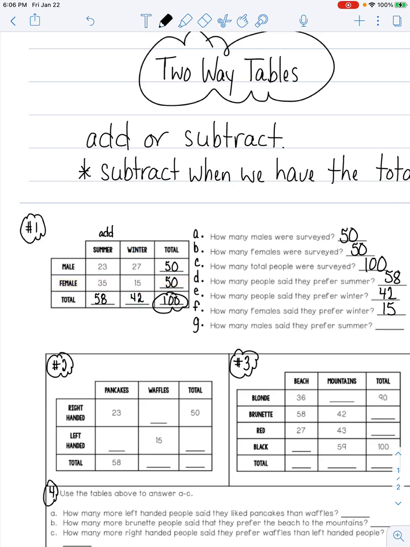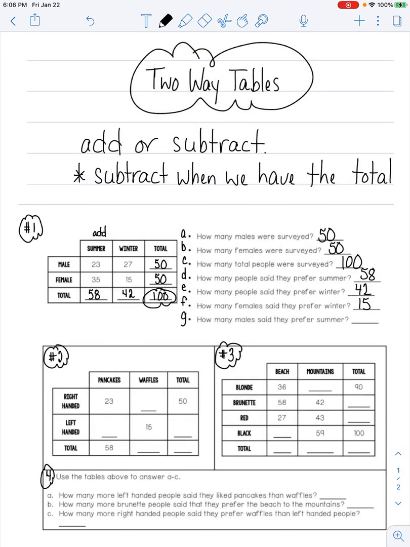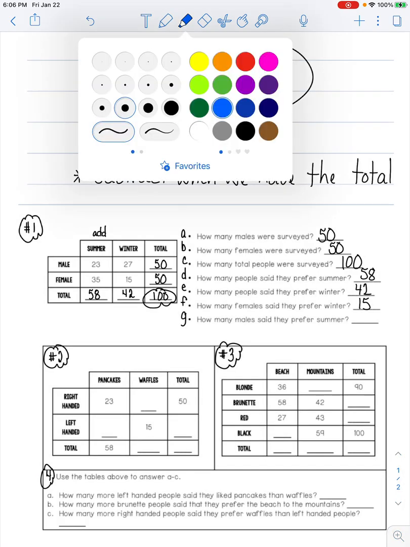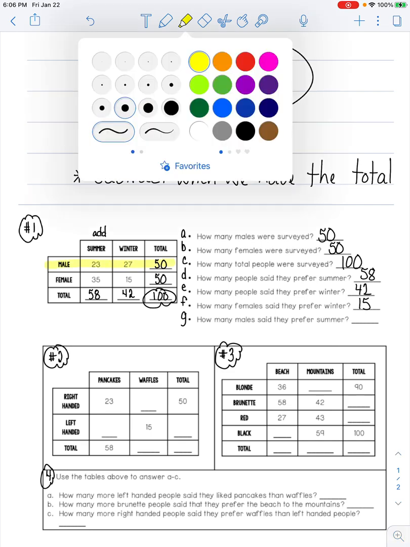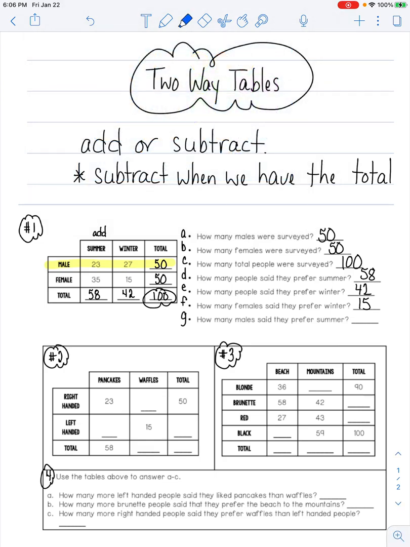So let's try the last one. The last one says, how many males said they prefer summer? We want to see where those two things cross or where they meet up. And here's summer. And those two things meet at 23. So 23 males said they prefer summer.